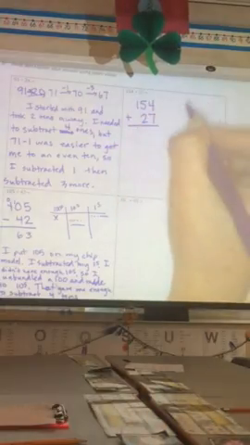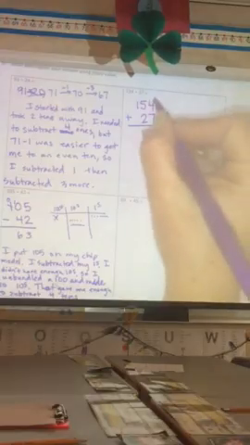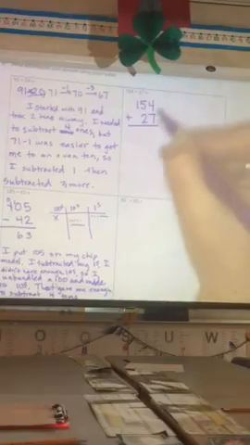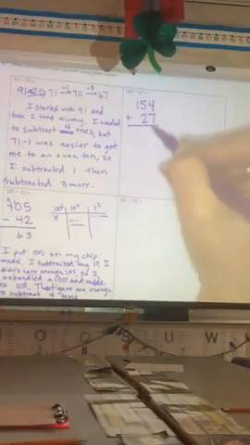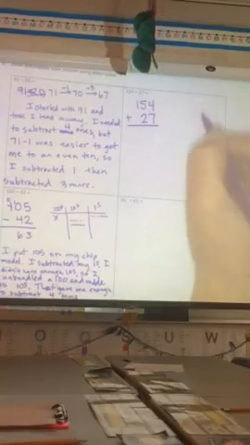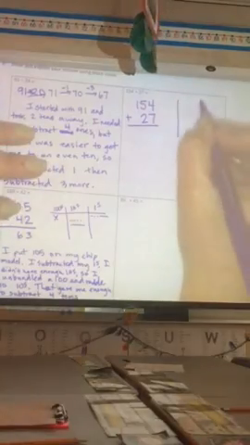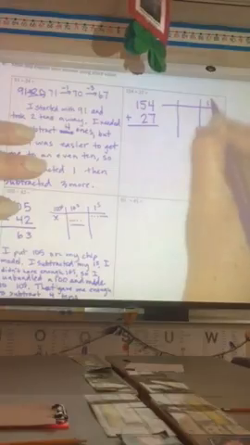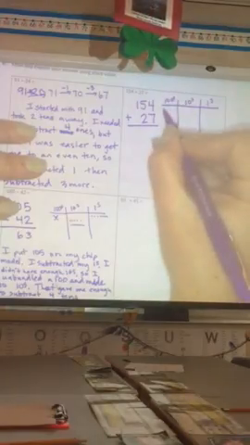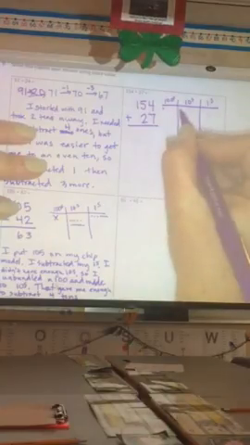I encourage my students to be very proud of themselves when they line up the place value nice and straight. My 7 is directly under my 4, and so is my 2 directly right underneath my 5. So here's my chip model. I've got ones, tens, and hundreds, and I'm going to put 154.